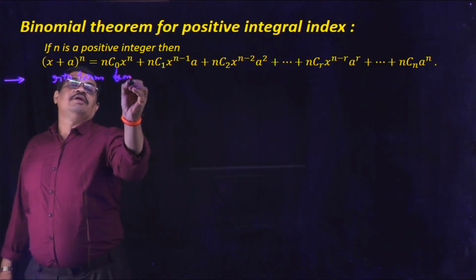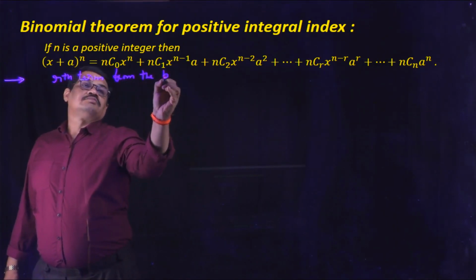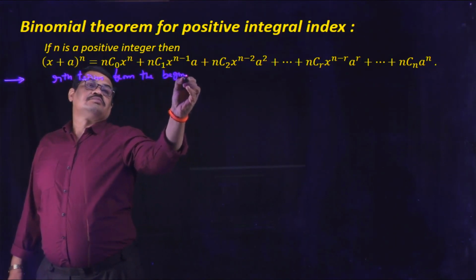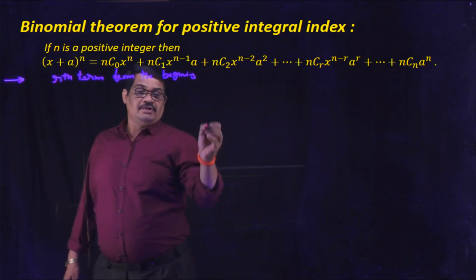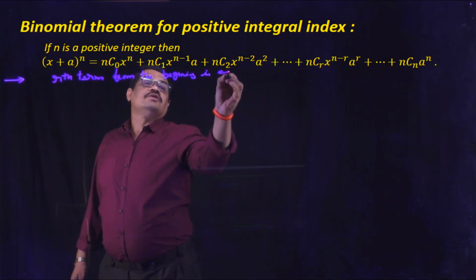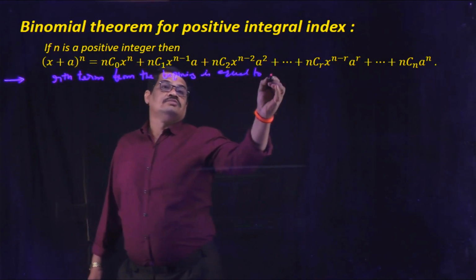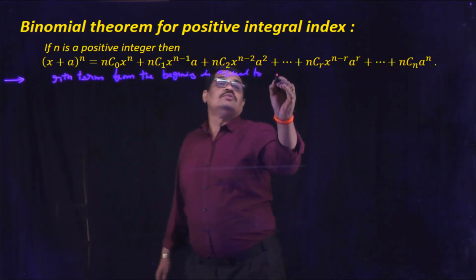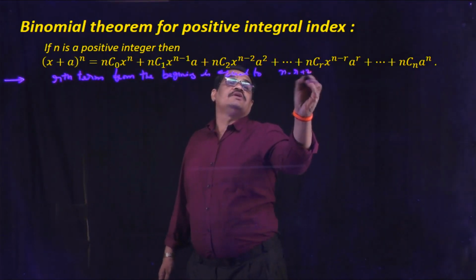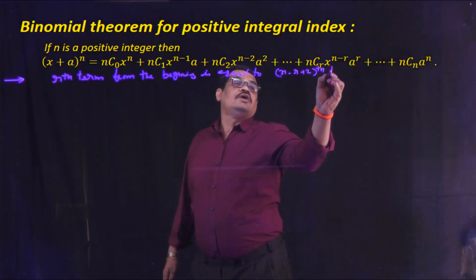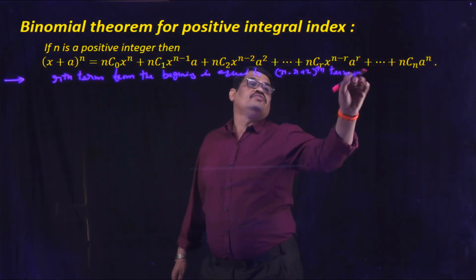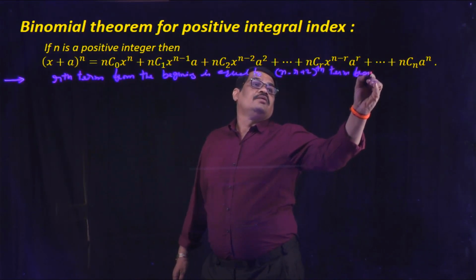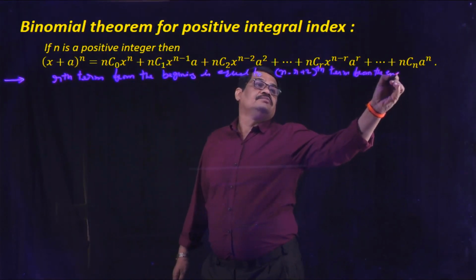from the beginning is equal to the (n minus r plus 2)th term from the end.